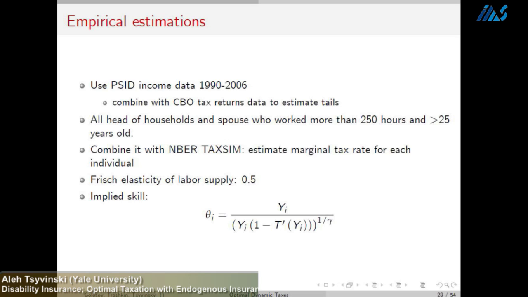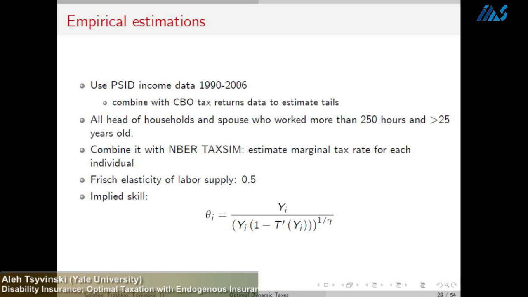Well, if I put a little bit more structure in the problem, for example, if I assume some elasticity of labor supply, for example, being 0.5, we'll play around with different ones as well, then from the static first order condition, remember I have this quasi-linear utility function, u of c minus v of l, I can derive your skill. I observe your income, I observe your marginal tax, so I can just back out your skill. It's exactly what Science does for the static setting. You can do it now for the dynamic setting.